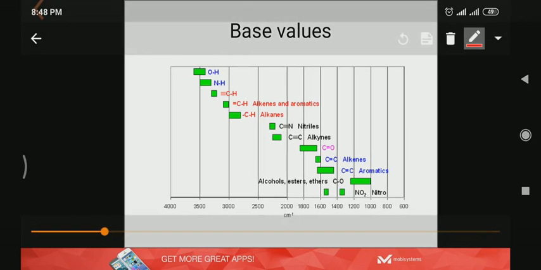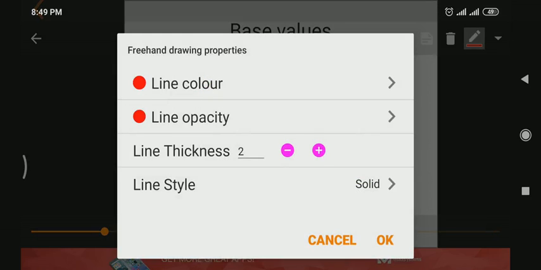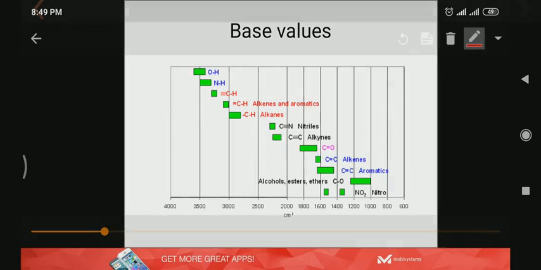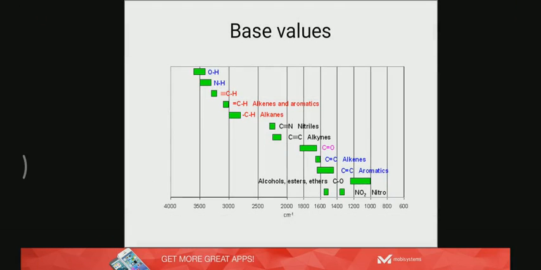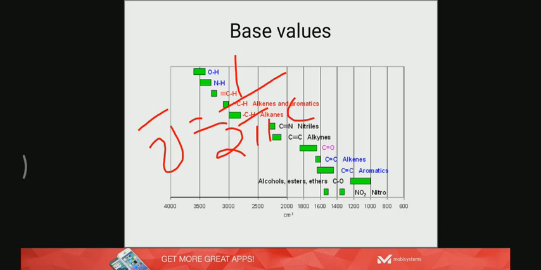Remember that the IR frequency is based on this equation, nu bar is equal to 1 by 2 pi c root of k by mu, right? This is the equation to calculate the frequency of IR radiation absorbed for the vibrational transition by a molecule.